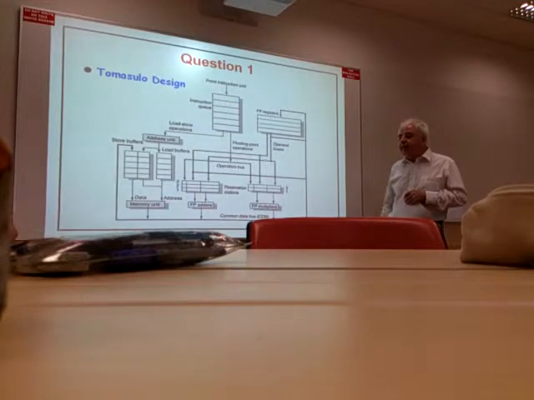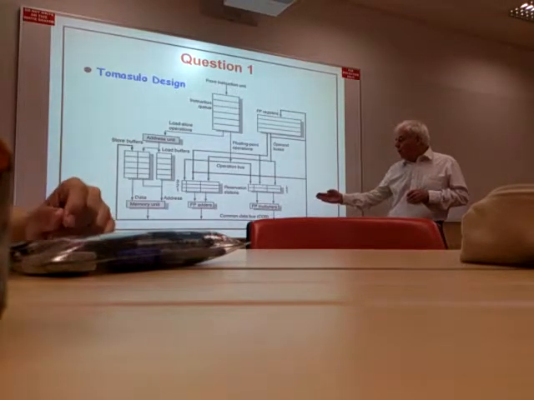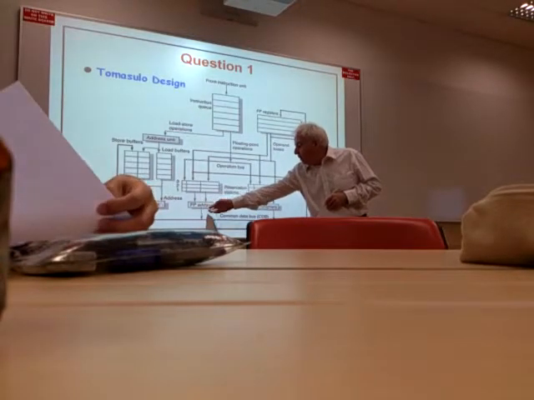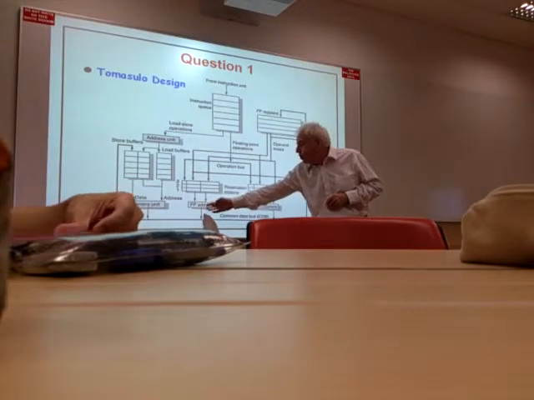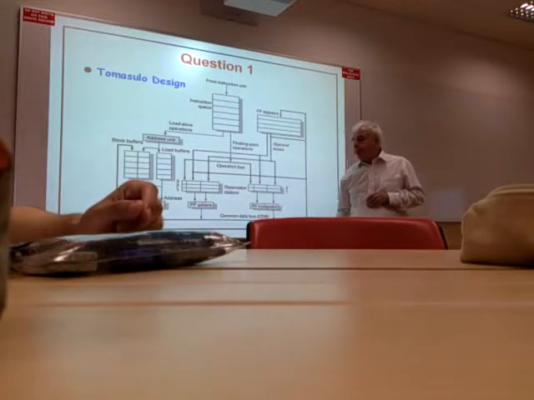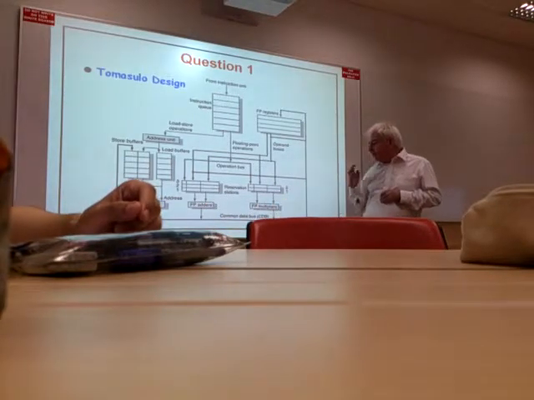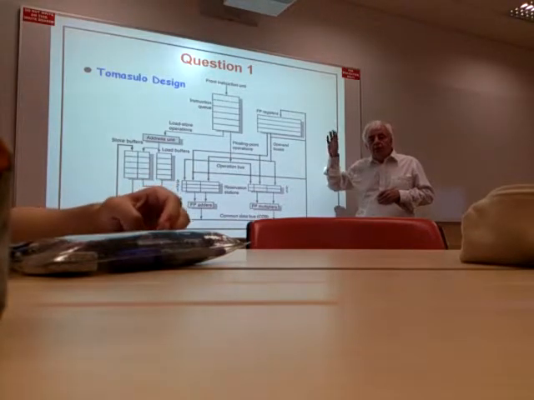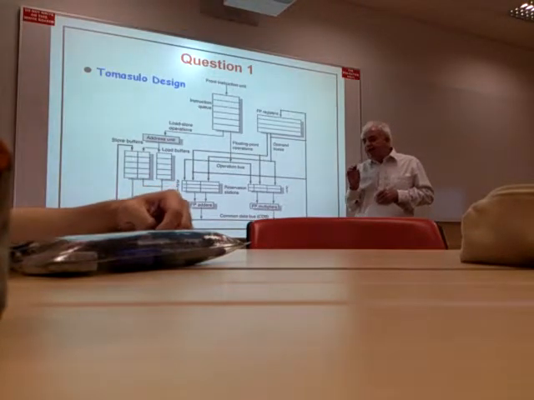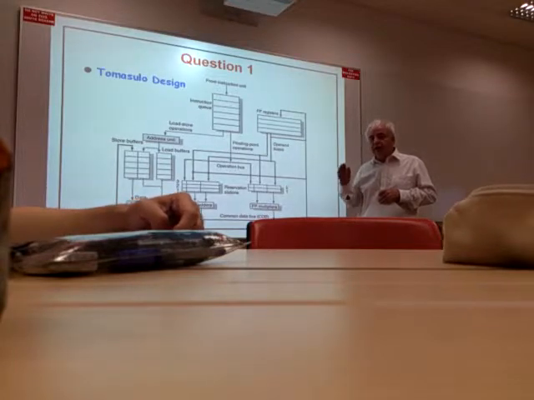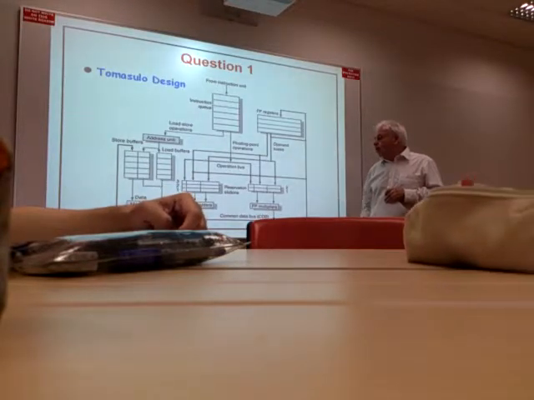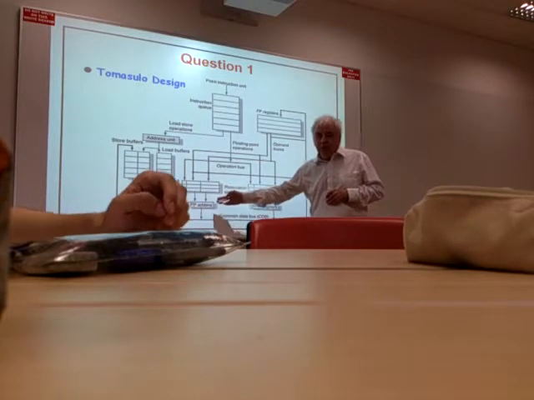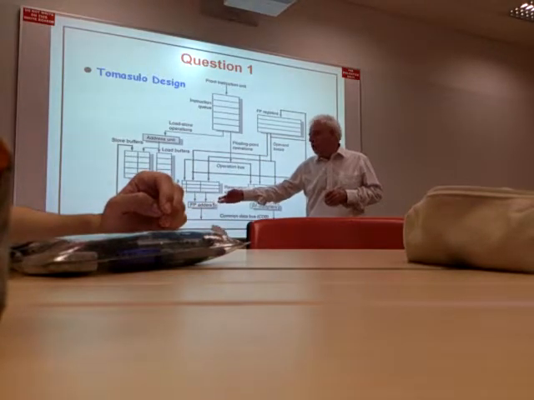The idea here is that we can have a set of different functional units. So we may have some floating point adders, we may have some floating point multipliers, and the instructions of the code don't have to be executed strictly in order. They can be executed out of order. So we can be executing a multiply operation at the same time as we're executing an add operation, and so on.